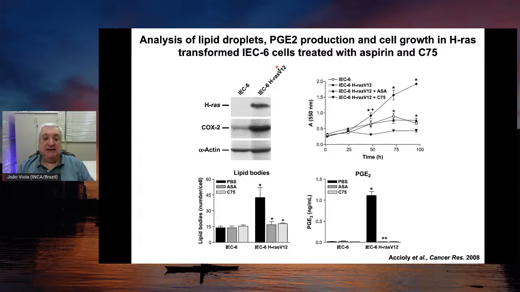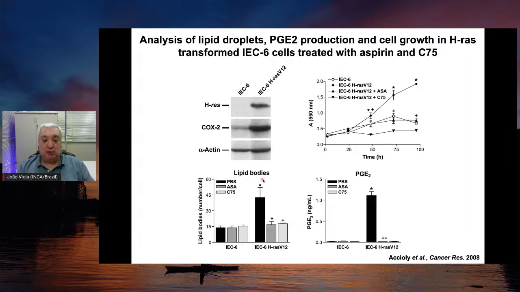And we took the non-transformed cells, IEC6, and transformed the cells with a well-known oncogene, HRAS mutated at valine 12. We transfect the cells with this oncogene. These cells start to overexpress COX-2, proliferate more, produce more prostaglandin E2, and also present more lipid droplets.